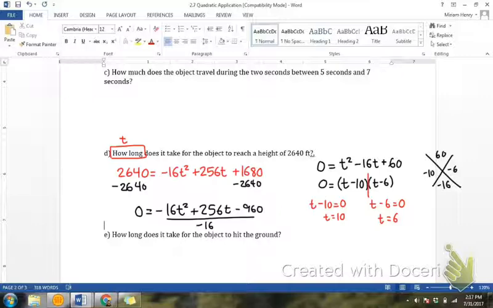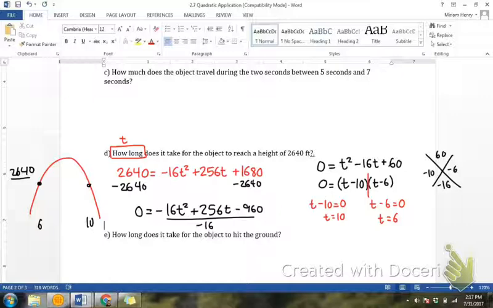Ooh, no, no, no. Would you guys agree if something goes up, it must come down? So if this is the height of 2,640 right here, it's going to hit it on the way up and on the way down, right? So it could hit it at 6 seconds and again at 10 seconds. So it's going to hit 2,640 on the way up at 6 seconds and then back on the way down at 10 seconds.